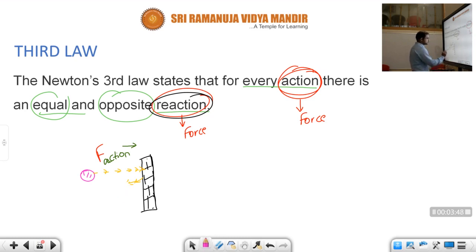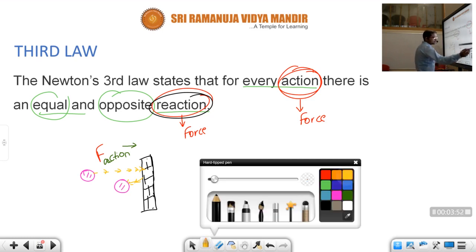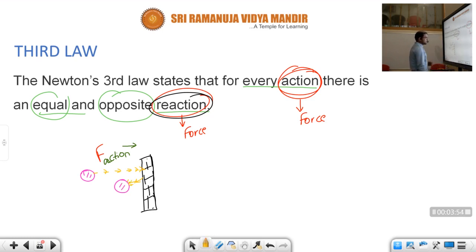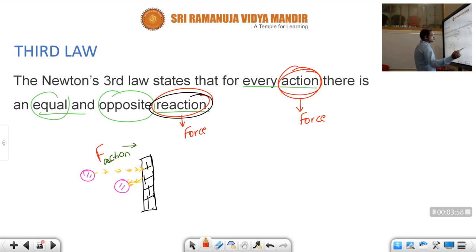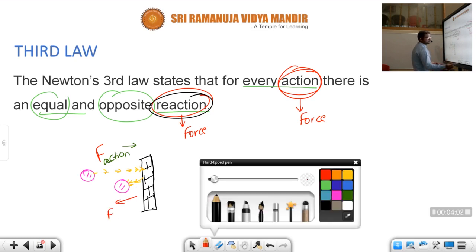Same ball, same size. There is no change in the size or shape of the ball. Everything is the same, and even the magnitude of force is the same, children.